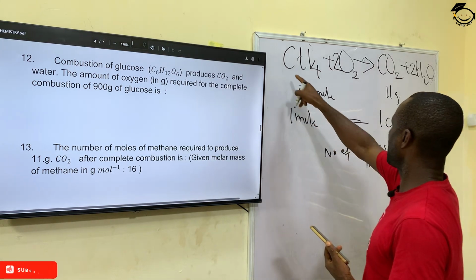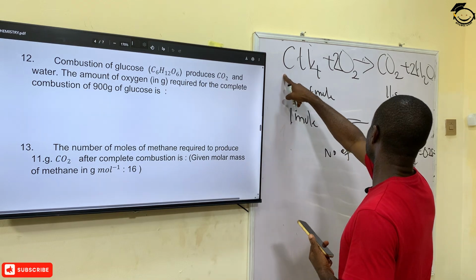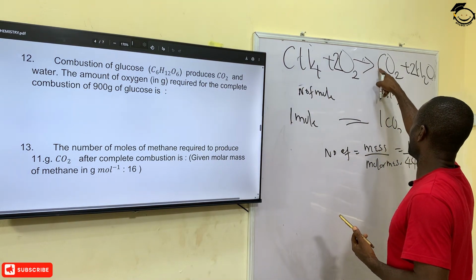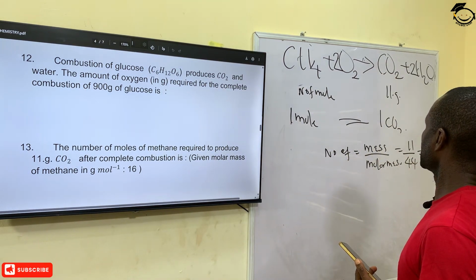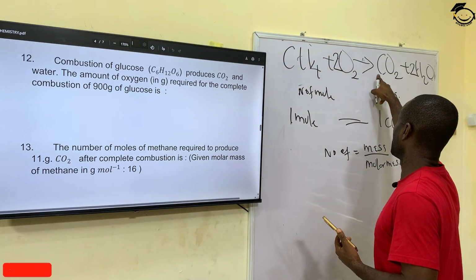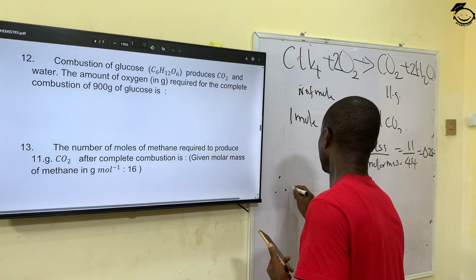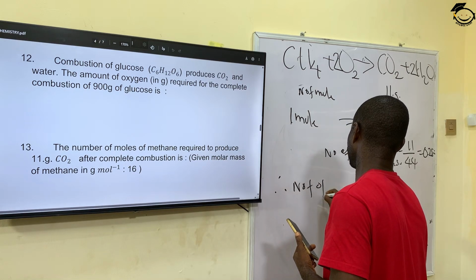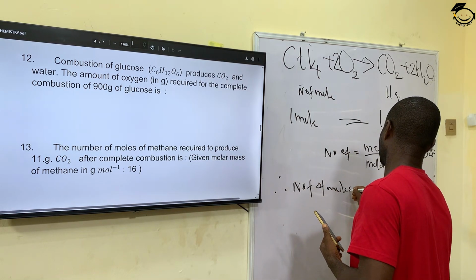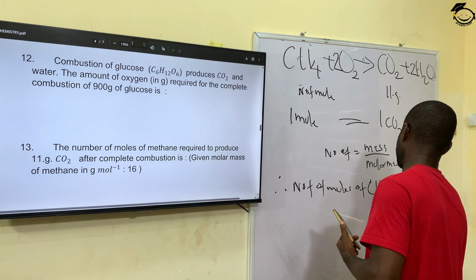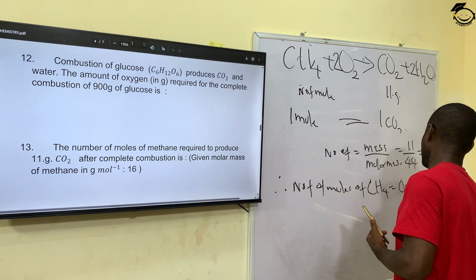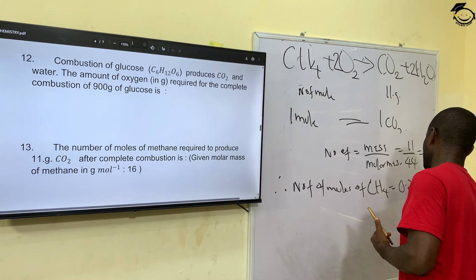So since 1 mole of methane is equivalent to 1 mole of CO2, therefore, number of mole of methane is equal to 0.25 moles.